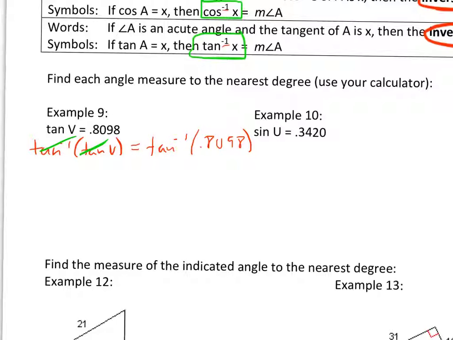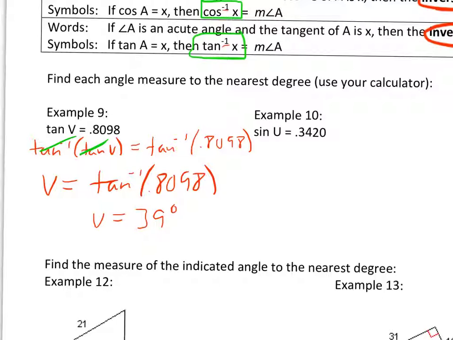So you're left with v equals tan inverse of 0.8098. And then you just type in your calculator, second function tan, your tangent button, type in 0.8098, and you should get approximately 39. Now that represents the degrees. So we're going backwards and getting the degrees now, and we'll see more questions like that in a moment.